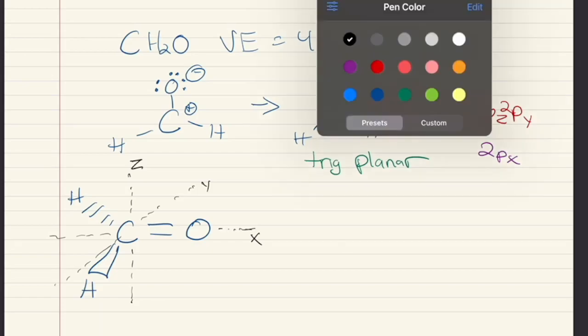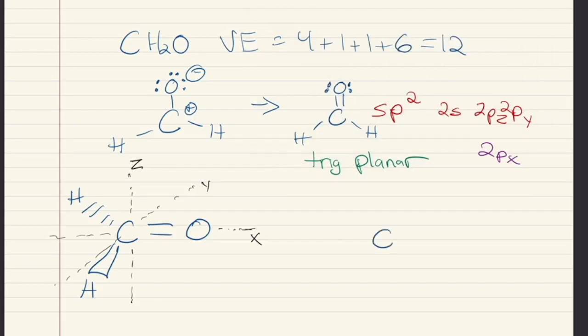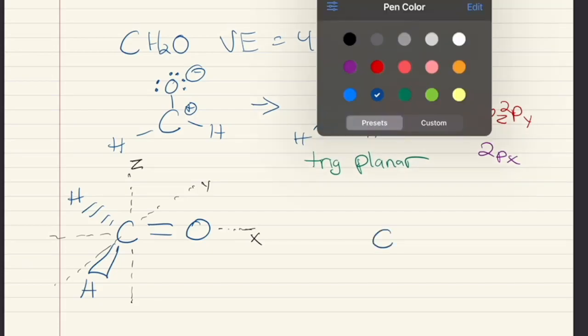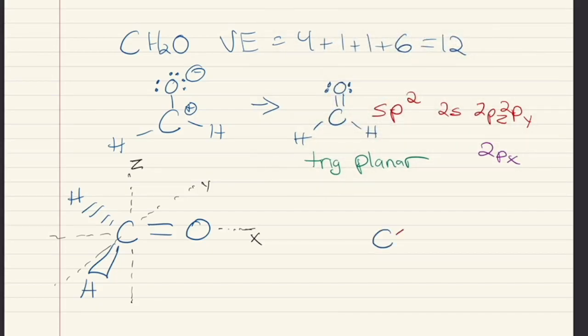So if we needed to draw this using the sp3 hybridization, I would show the hybridization as such. We would have one lobe into the paper. We would have one lobe coming out towards us. Okay.